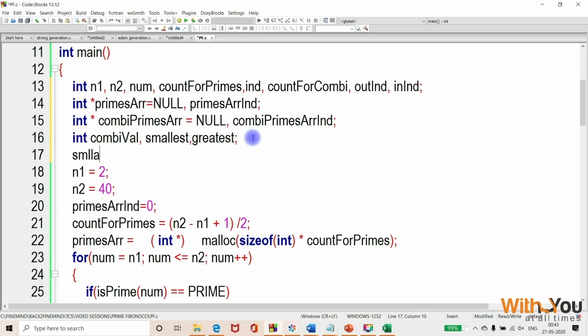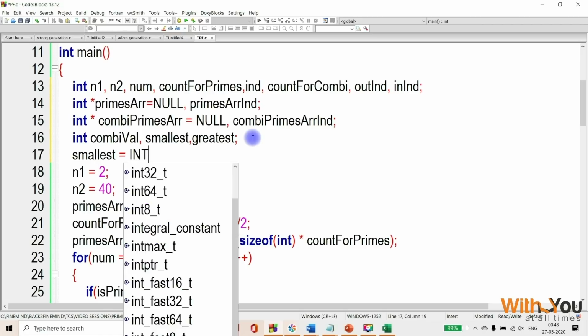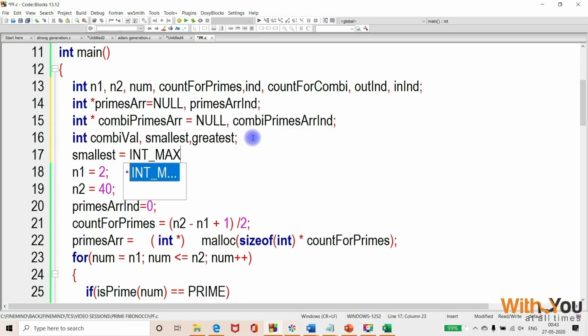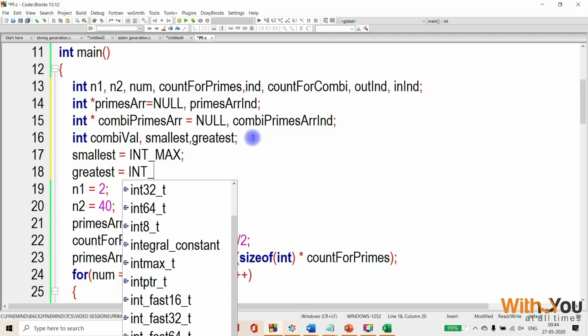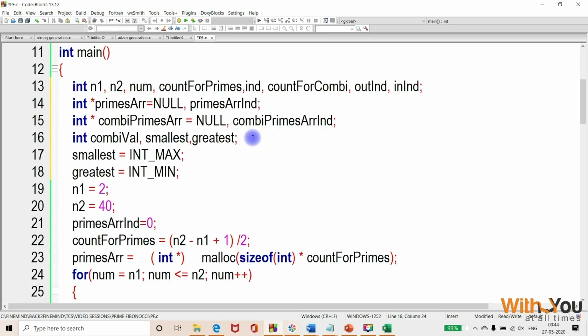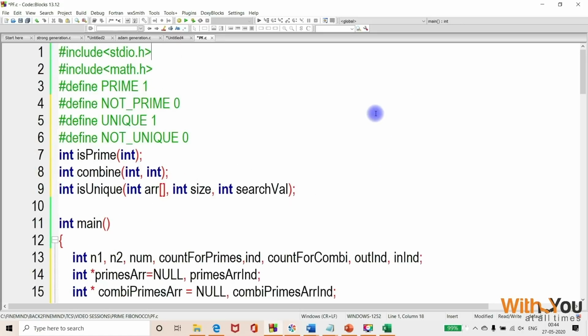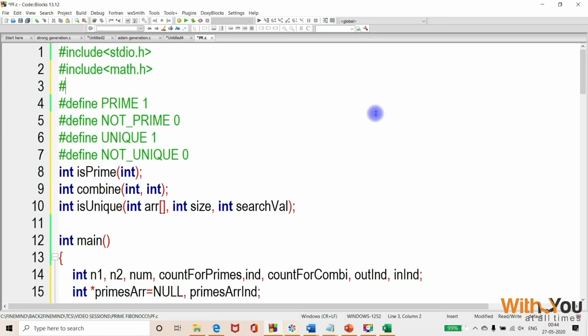Smallest is equal to the maximum possible value, which is INT_MAX. And the greatest gets the smallest possible value, which is going to be INT_MIN. So where are these constants coming down from? They come down from limits.h. So hash include limits.h.